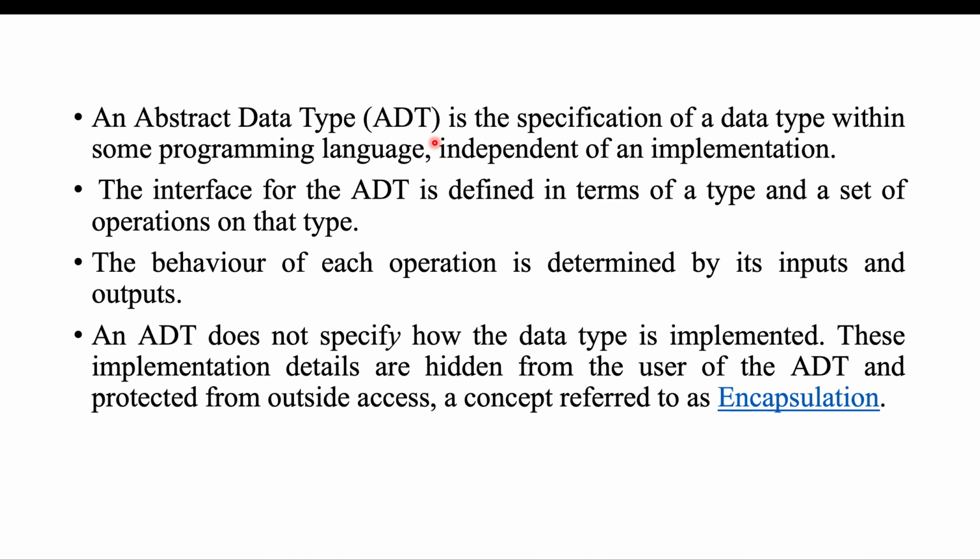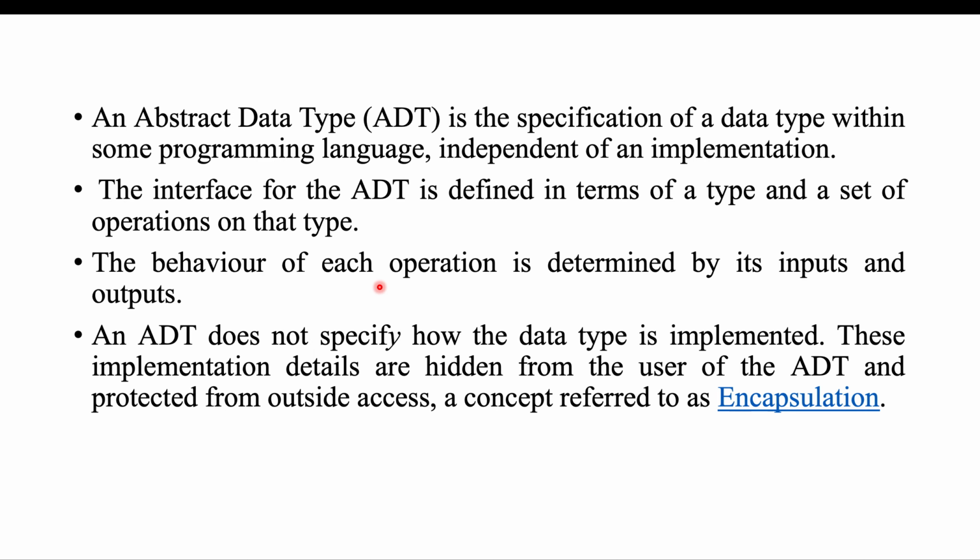So the implementation details are basically hidden from the user, or encapsulated from the user. The interface for the ADT is defined in terms of a type and a set of operations on that type. So the interface through which we are going to operate, manipulate, or implement that ADT is defined in terms of the type that we are going to handle and the set of operations on that type or on that value.